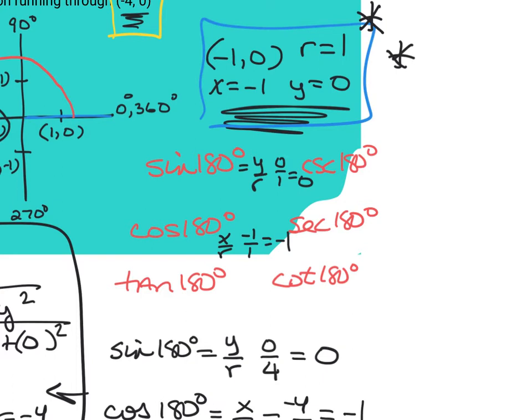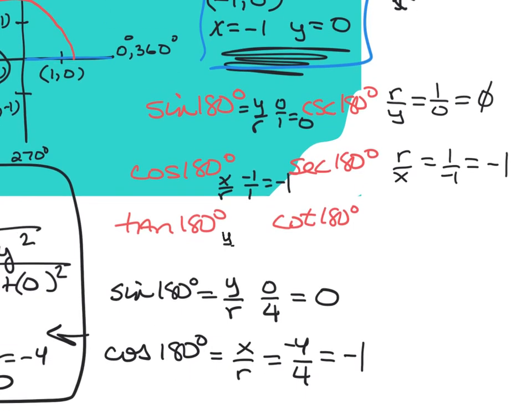So cosecant, remember, is the reciprocal to sine, so R over Y. So 1 over 0, this one's undefined. Then reciprocal to cosine is secant, R over X, 1 over -1, simplifies to -1.